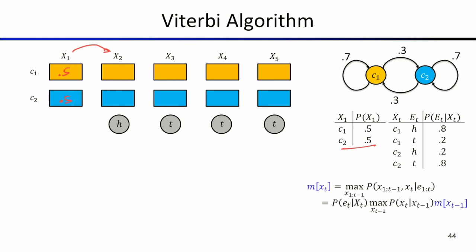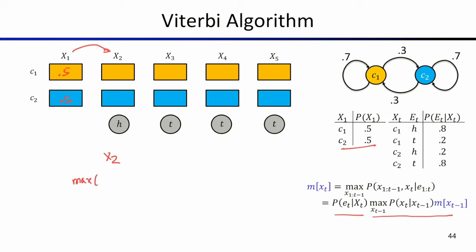So for the transition in time, you have to do this part of the computation, and later on we multiply by the emission probabilities, according to the observation that we have made. So for the x2 variable, we have two possibilities, and I'm going to take the maximum between them.